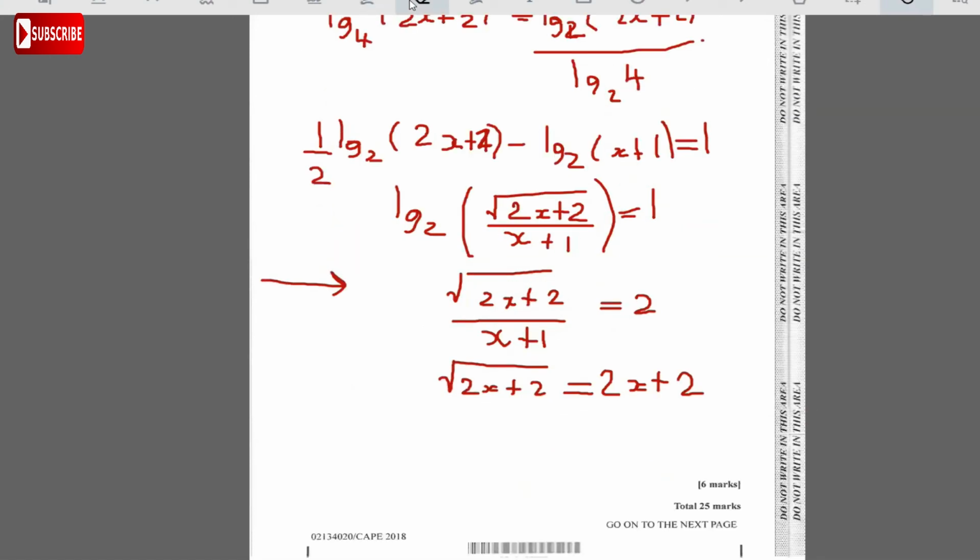Now, some persons might want to look at it like, let a be equal to the square root of 2x plus 2. Then a squared is 2x plus 2, so you're solving a is equal to a squared.